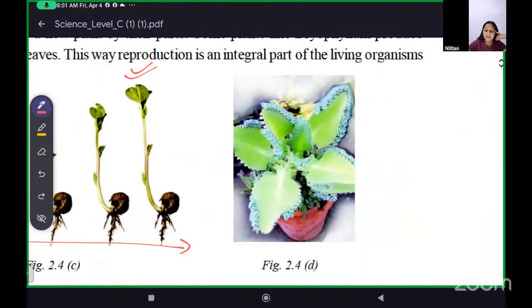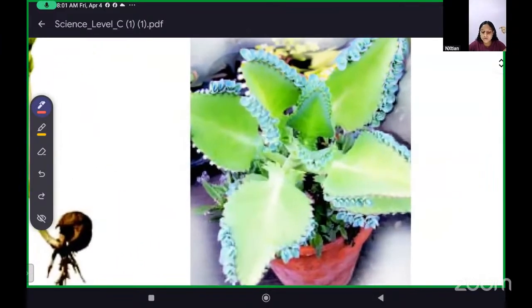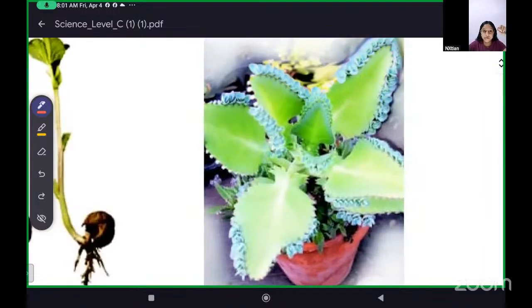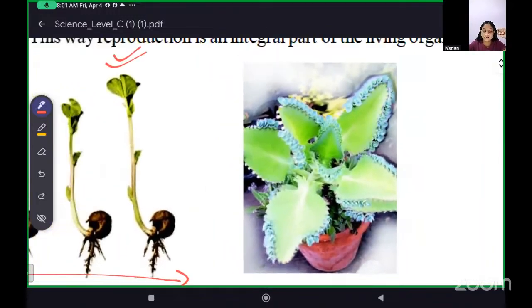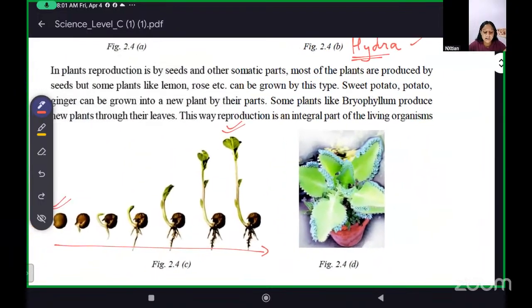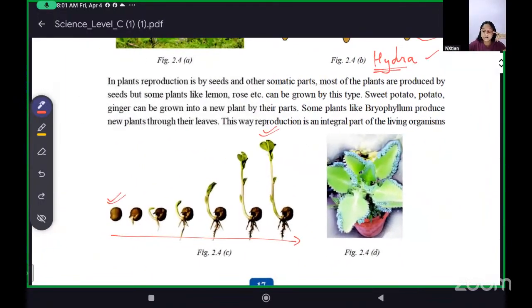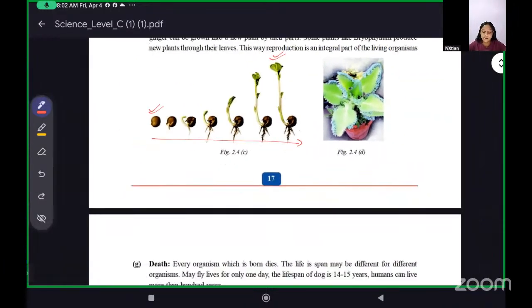Whereas in some plants, new plants are grown on the part of the original plant itself. If you can see in this image, on the sides of the leaves, small plants are growing. This is also a type of reproduction that takes place in plants. Some plants, like Bryophyllum, produce new plants through their leaves. This way, reproduction is an integral part of the living organism.